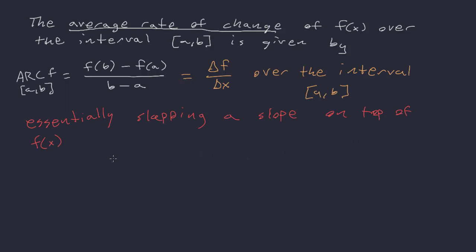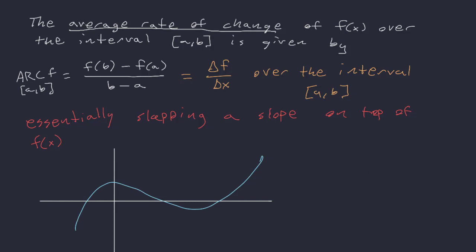To give you an example of what I mean by that, if we have, say, a graph of f that looks something like this, and let's say here's our a and here's our b. If we were to draw a line between the point a comma f of a and the point b comma f of b, right, there we go.